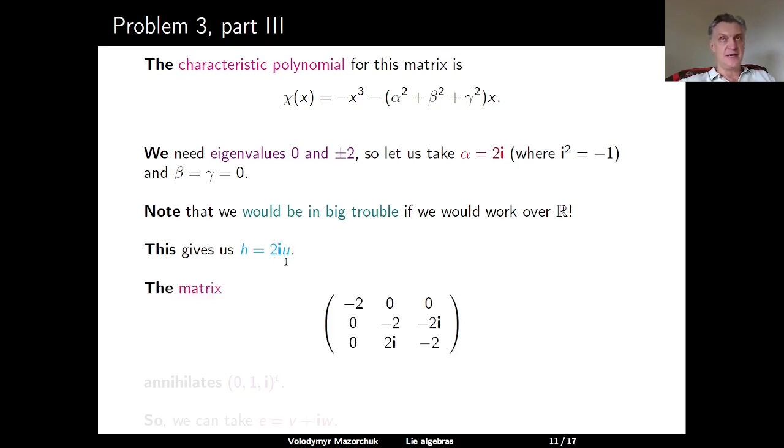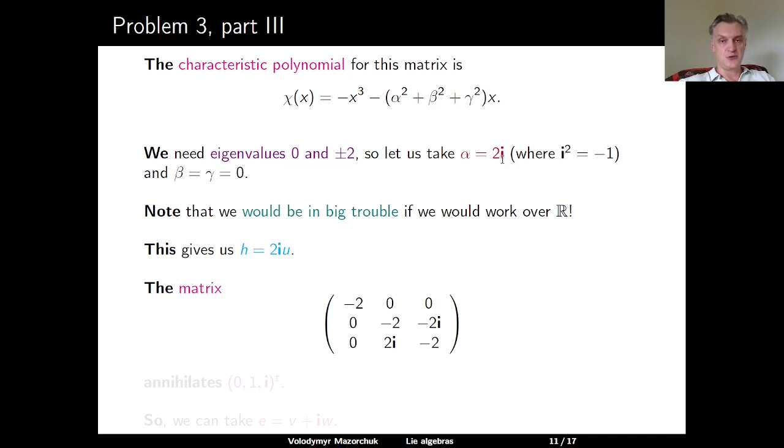So for this element H, the adjoint operator has eigenvalues 0, 2, and minus 2. Of course, for 0, the element itself is the eigenvector. Let us determine the eigenvectors for 2 and minus 2. To determine the eigenvector for the eigenvalue 2, we take our matrix and subtract 2 on the main diagonal.